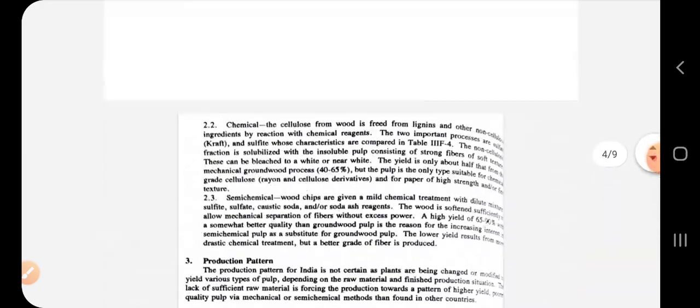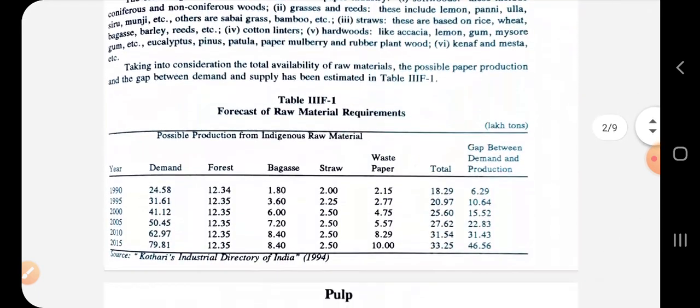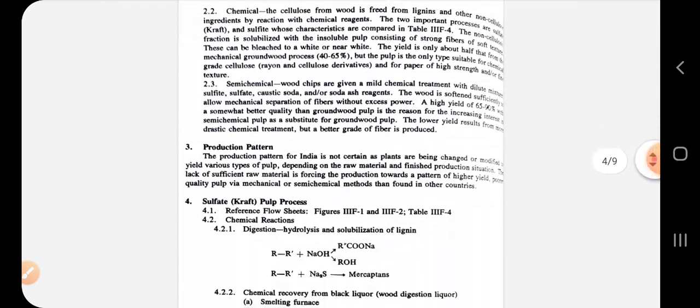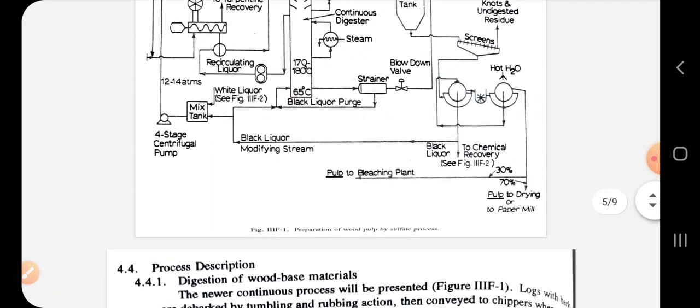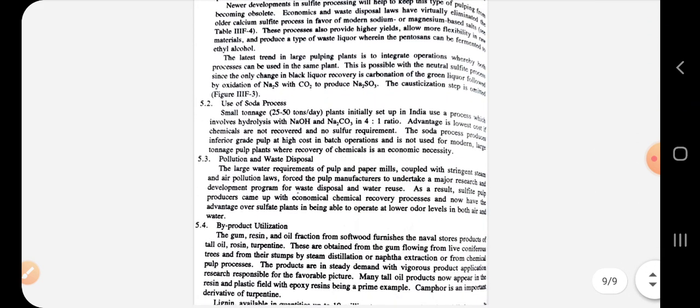This was the introduction to the Indian pulp and paper industry, and a detailed process flow diagram for production of pulp and its major engineering problems. Next, we will see the continuation of this topic, that is, using this wood pulp in paper manufacturing.